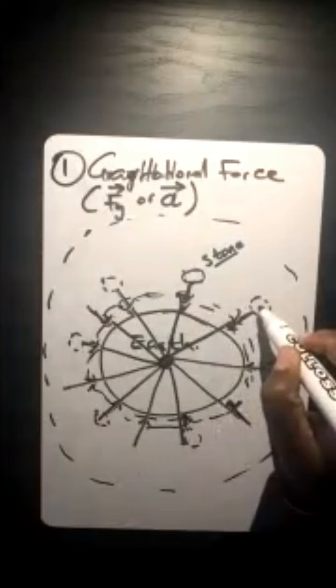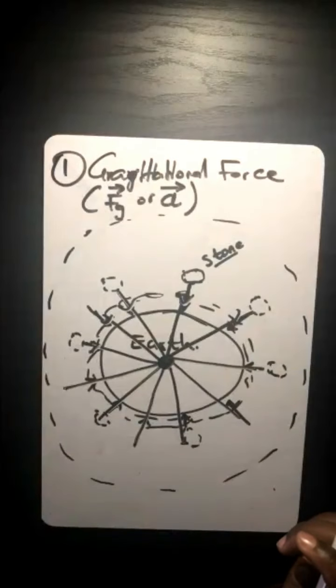The other thing that I want to mention, guys, is that gravitational force acts downwards towards the center of the Earth. So at all times, gravitational force is acting downwards.